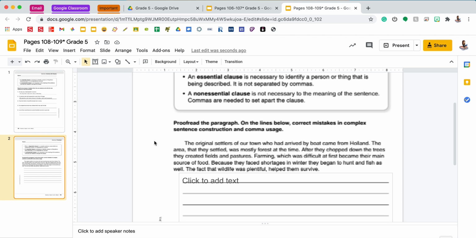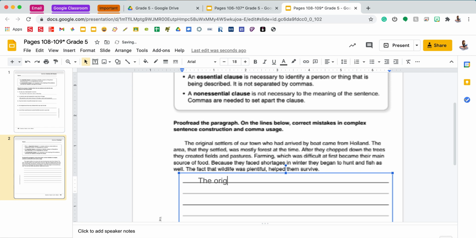So I need to add in some commas here to set aside my non-essential clause, which is who had arrived by boat. So when I retype, I need to add a comma after town, comma after boat.